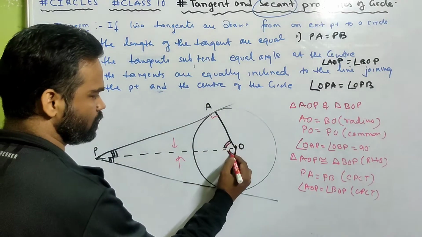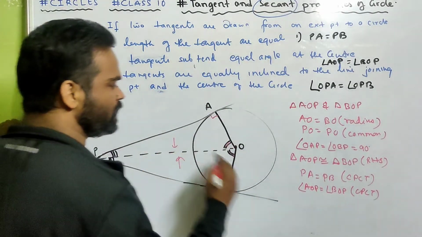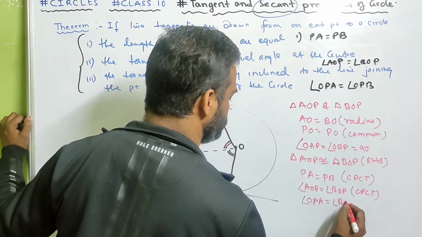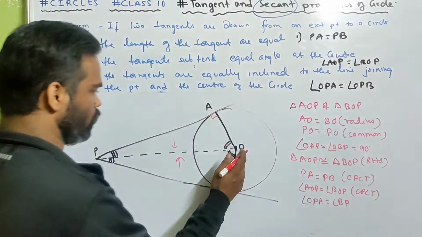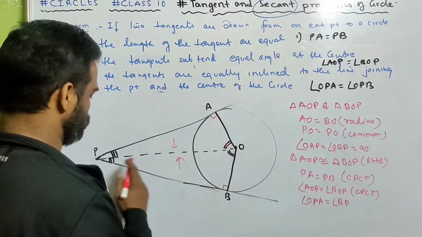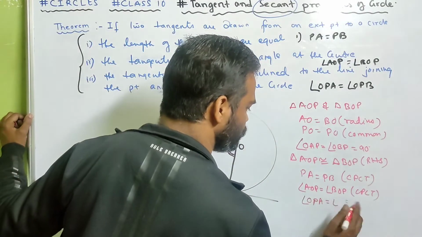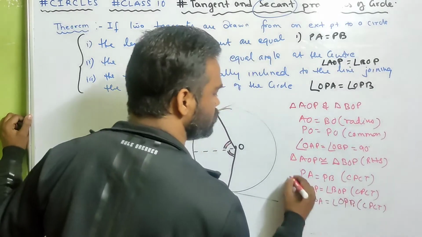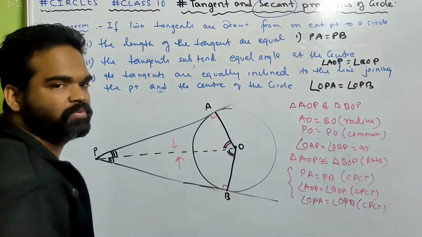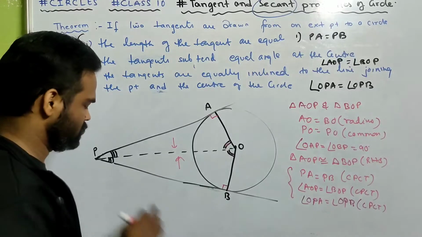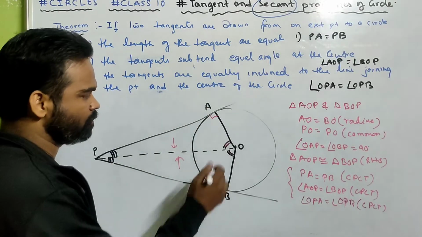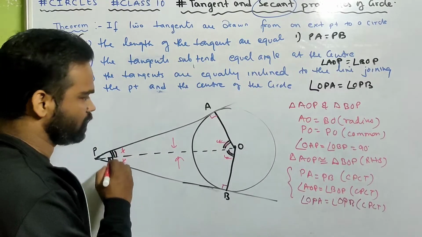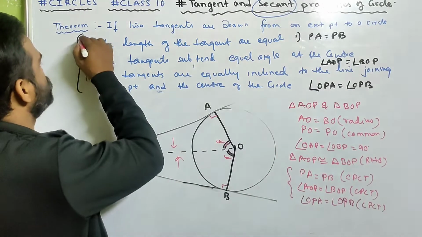Yes or no? Angle OPA is equal to angle OPB, CPCT. Yes or no? This is what we were supposed to prove. That's the theorem only. PA equals to PB. This angle and this angle are equal, and this angle and this angle are equal. That's the theorem.